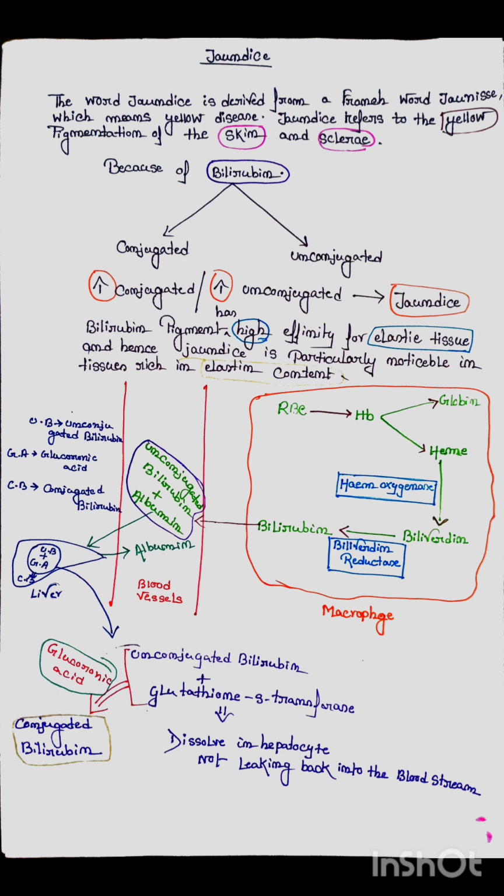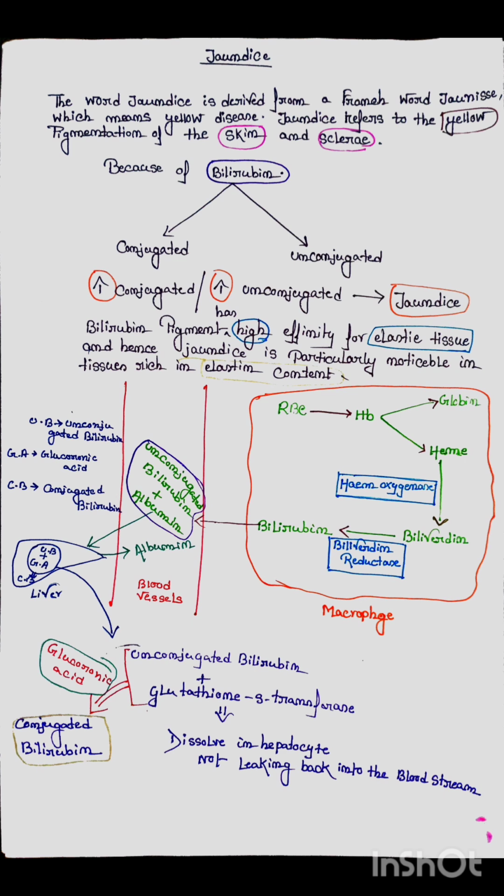In the hepatocyte, unconjugated bilirubin combines with glutathione S-transferase, and this helps keep the bilirubin dissolved and stops it from leaking back into the bloodstream. Now inside the hepatocyte, bilirubin is attached with glucuronic acid, and now this bilirubin is called conjugated bilirubin.